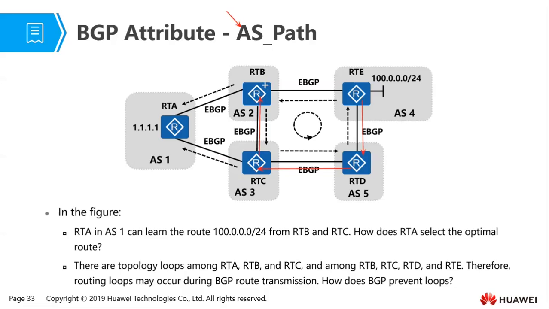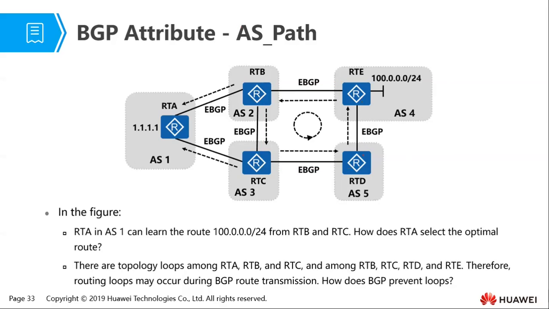Now, if this guy tries to advertise the same route to AS4, AS4 will look at the AS path and see that, hey, my AS number is in this route, and therefore it will simply discard that particular route because its AS number has already been recorded in that routing information, as we've seen when I was demonstrating the earlier example.